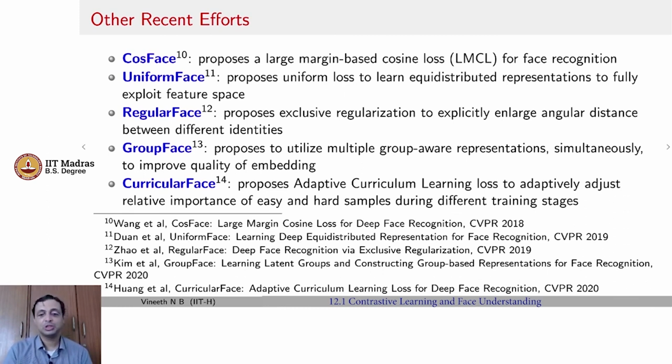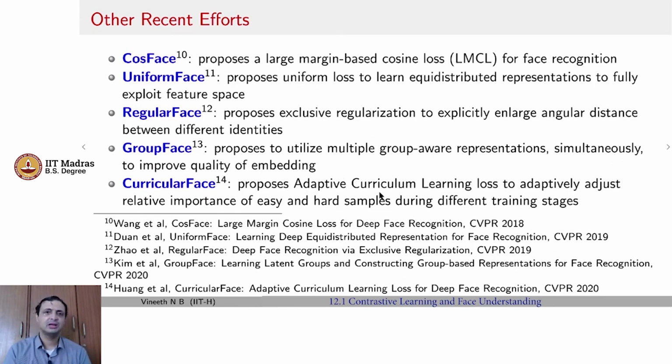RegularFace, proposed in 2019 again, proposes an exclusive regularization to explicitly enlarge angular distance between different entities. GroupFace, which was very recently proposed in 2020, uses multiple group-aware representations to improve the quality of the embedding. CurricularFace, which was again a recent work in 2020, proposes adaptive curriculum learning to adjust the relative importance of easy and hard samples in different training stages.